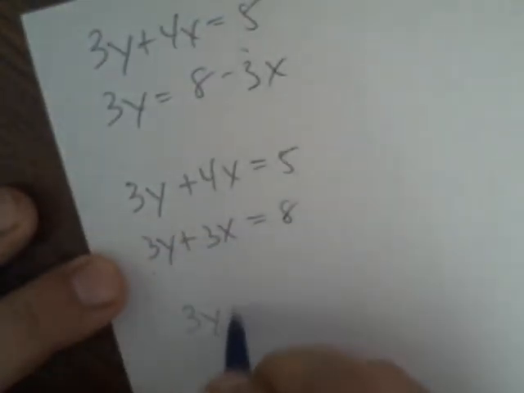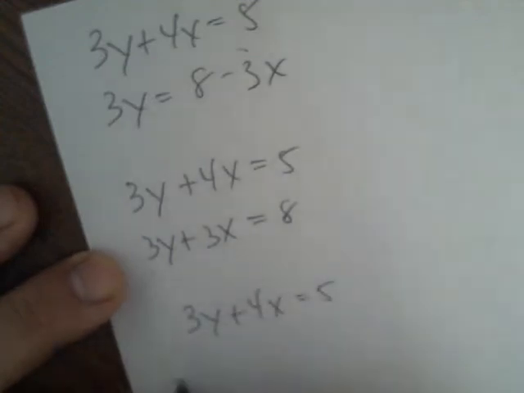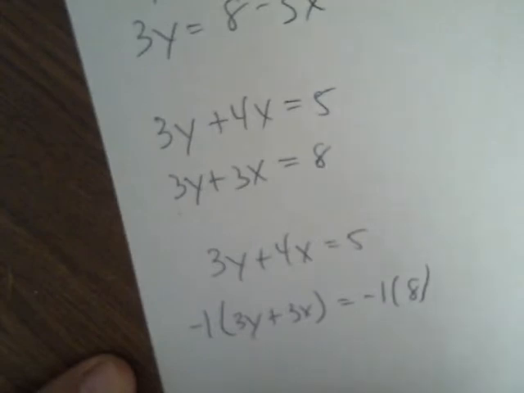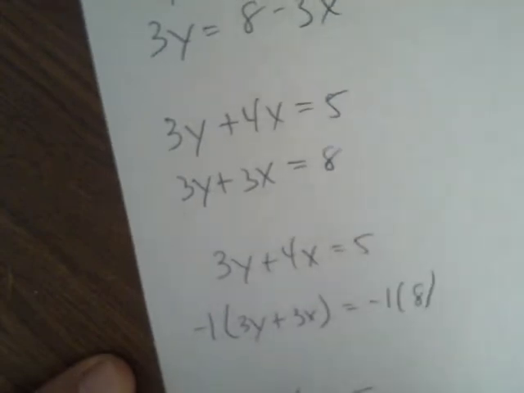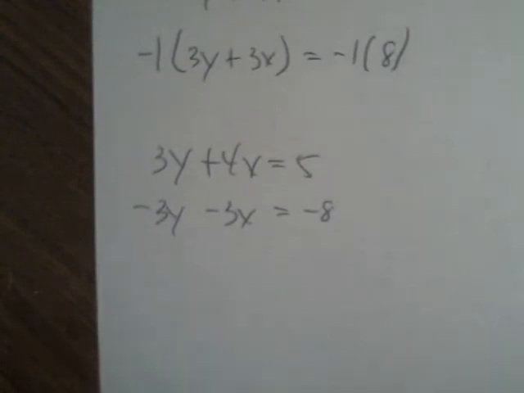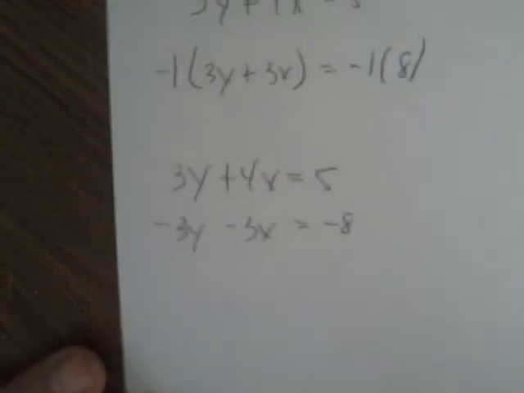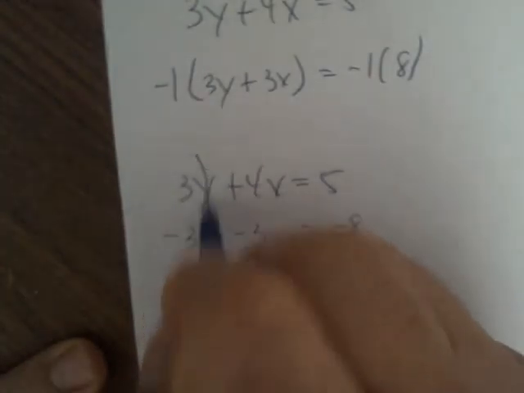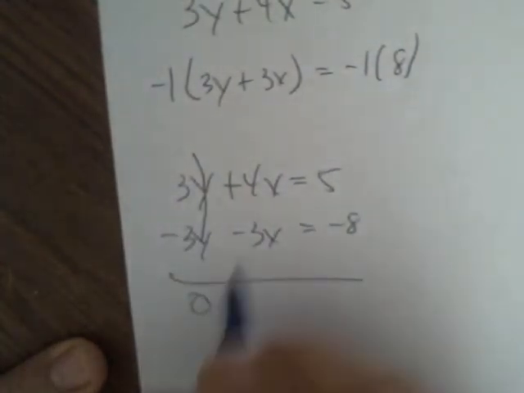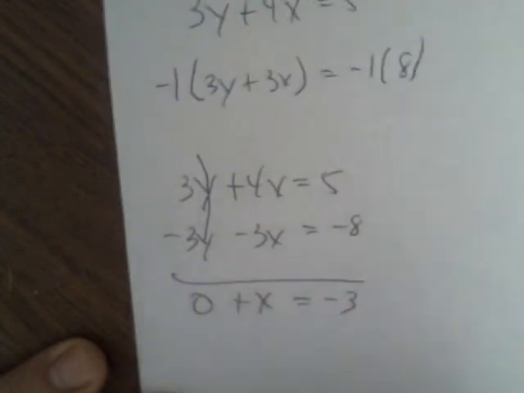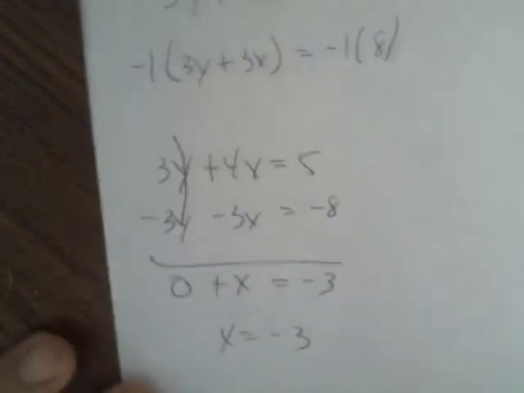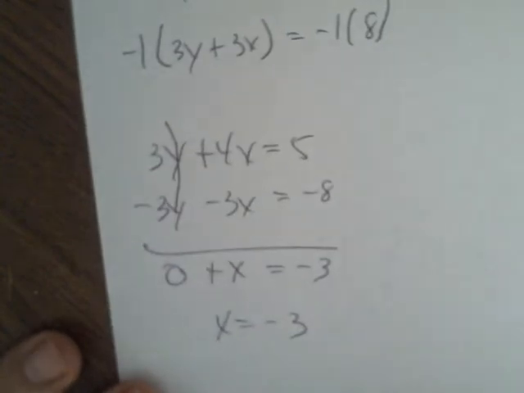So again, I leave the top equation alone, multiply both sides of the bottom equation by my negative 1, and that gives me, and you have to watch your signs, so I'm just going to tell you right now, you need to make sure you double check your signs. Always double check your signs. So what happens is these make 0, okay? This gives me x, this gives me negative 3, so x is negative 3, just like we got doing it the other method.